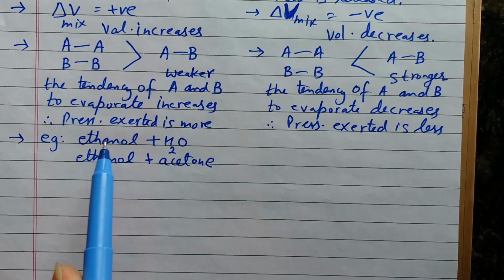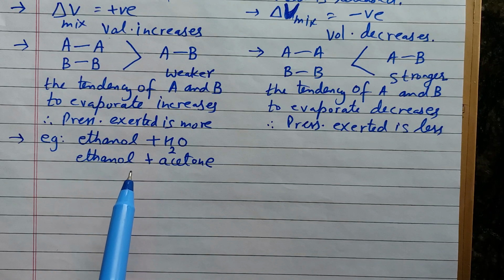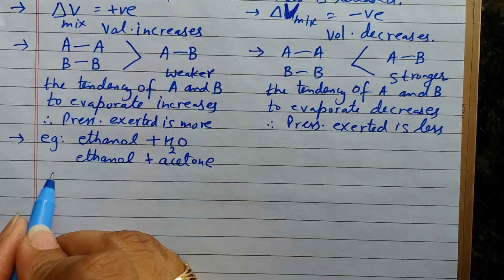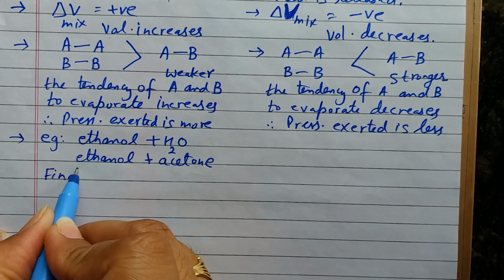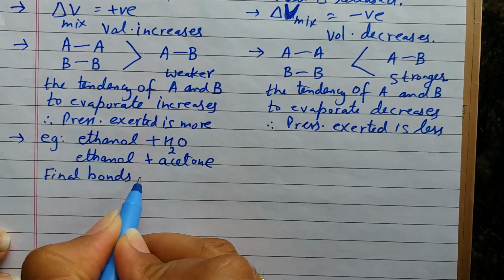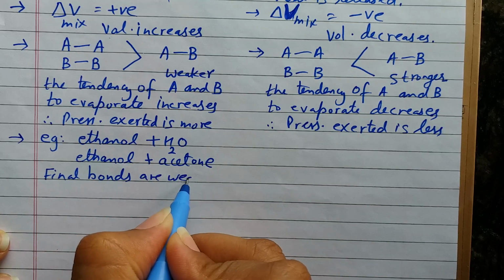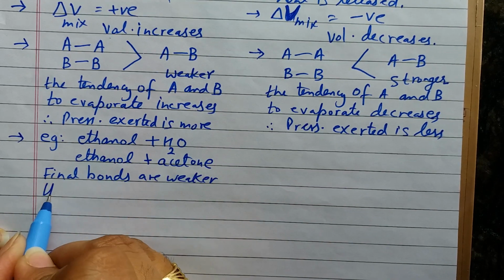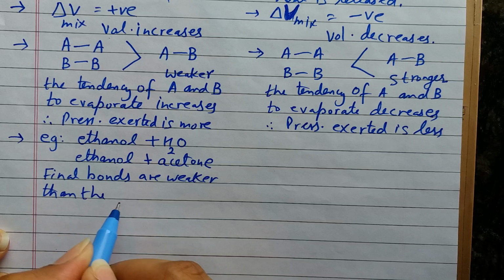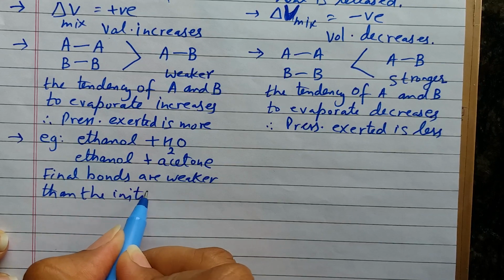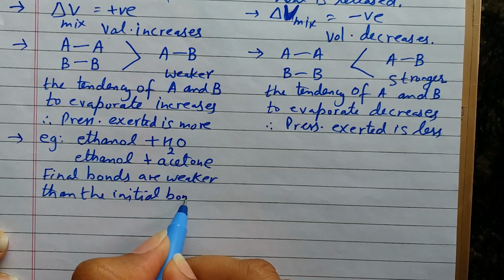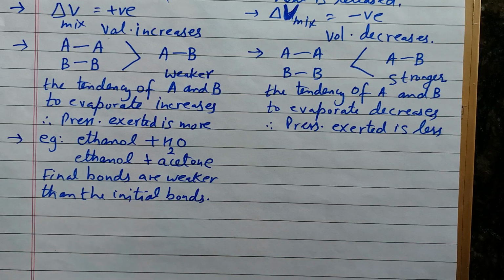So the final bonds in both cases are weaker than the initial bonds, and therefore it shows positive deviation.